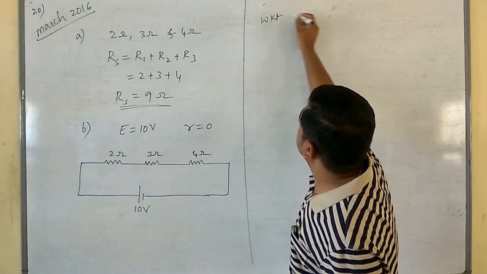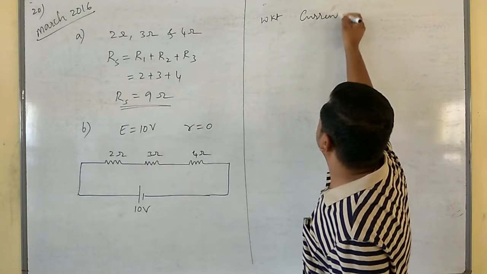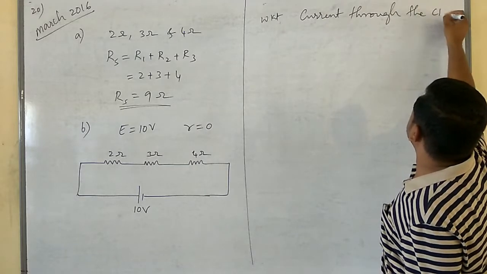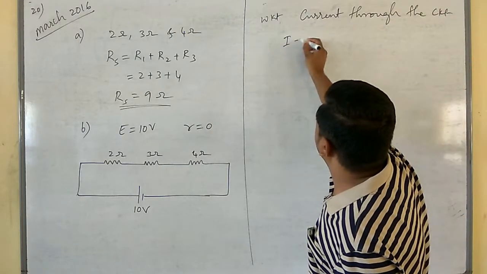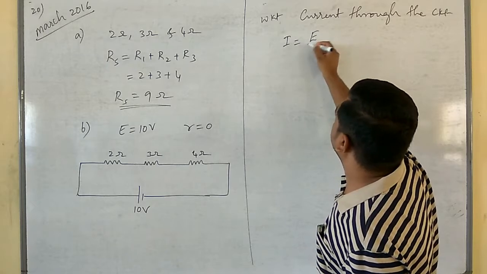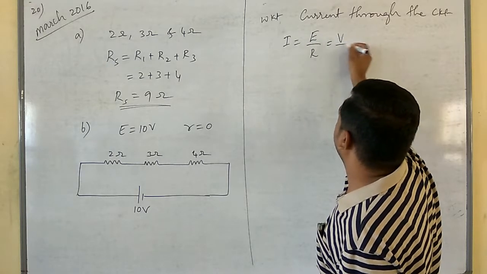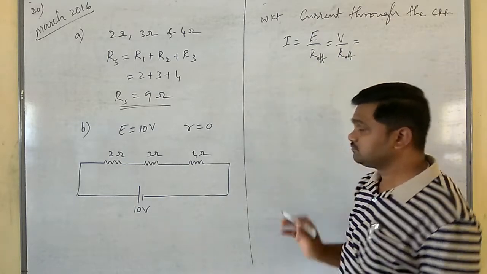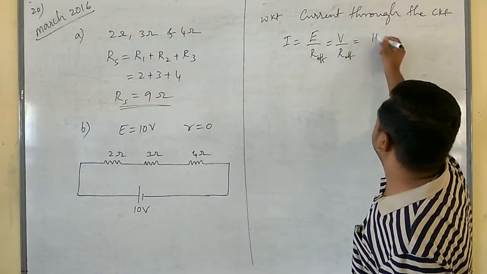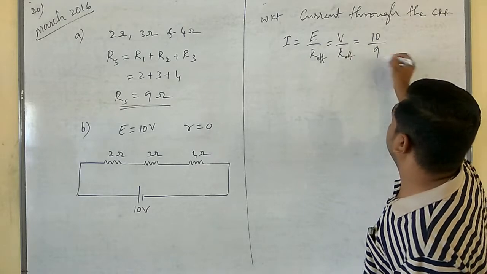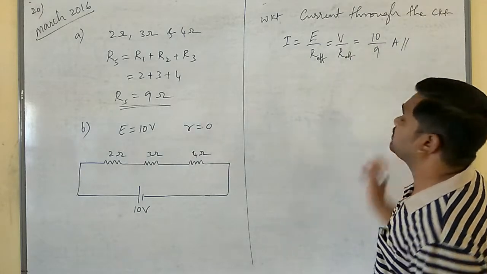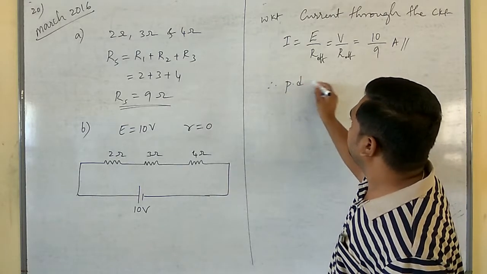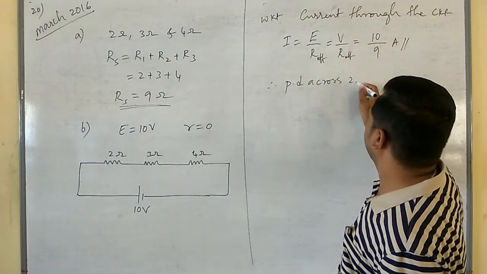We know that current through the circuit I is equal to E divided by R, otherwise V by R. R means R effective. V is 10, R effective is 9. 10 by 9 ampere.